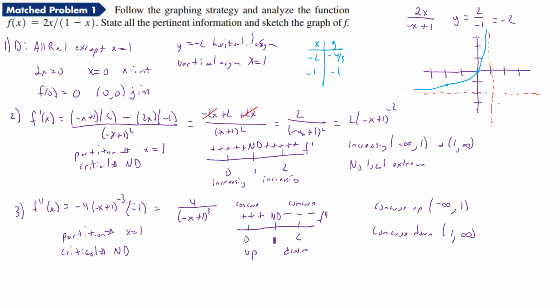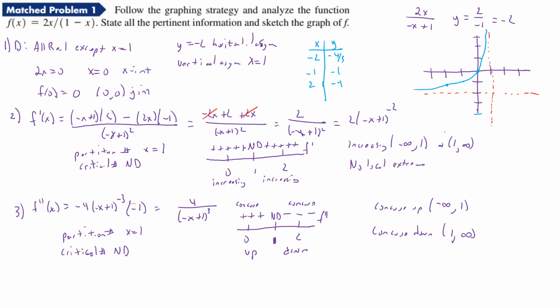Now let's think about something down here. So let's go to 2. If we put 2 in here, what do we have? That's going to be 4 over negative 1, so it's going to be negative 4. So 2 and then negative 4.